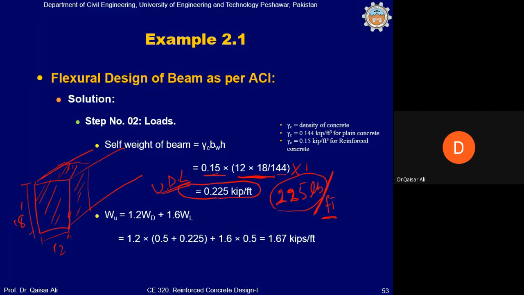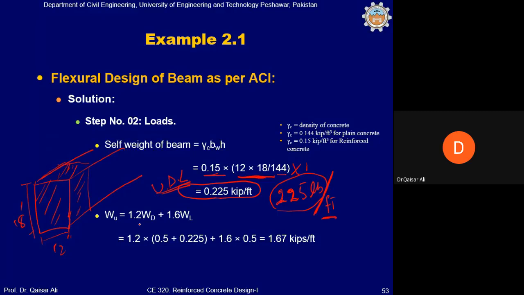So this is the self-weight of the beam without any additional weight on the beam. So in reinforced concrete members, a substantial part of the total weight is self-weight of the beam, because the sections that we use are very thick. Unlike steel structures, where the sections are very thin.